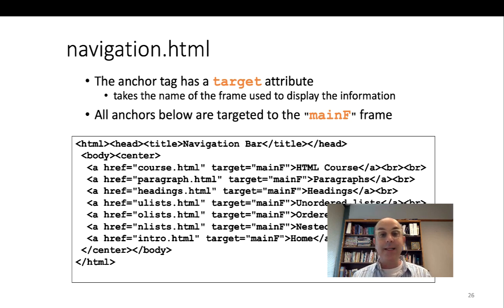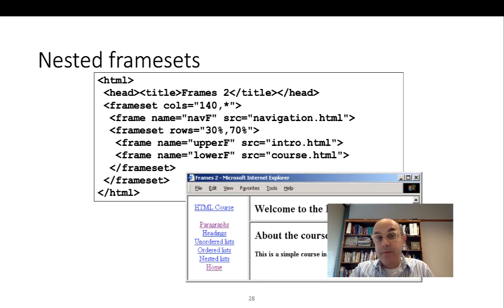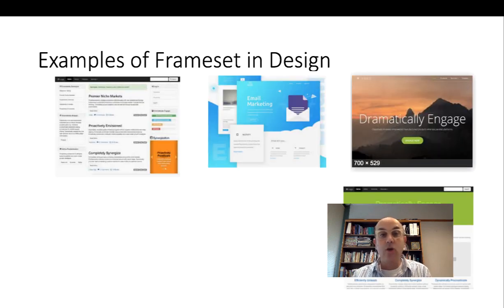So again, this is navigation, and this is what it looks like when we apply it, and how to set it up. In this case, you can have no framework, also sometimes used in order for you to do that. This is an example of a frame set.